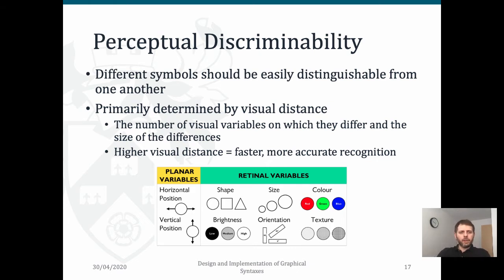The second principle is called perceptual discriminability, and it dictates that different symbols should be easily distinguishable from each other. There are 6 retinal variables and 2 planar variables that we have to play with. On the retinal side, we can use different shapes, sizes, colors, textures, brightness and orientation.